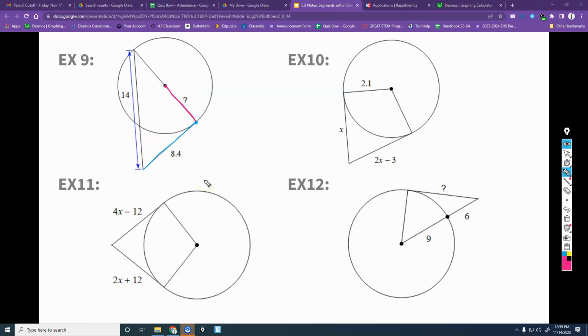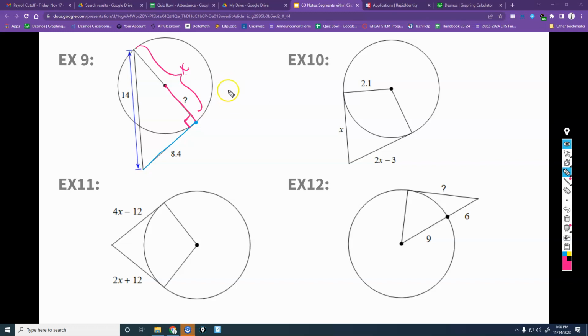That's a radius. So even though it's not marked, we know this is going to be a right angle. So we can't find that radius directly, but we could find the length of this whole side. I'm going to call that x right there. And then we just have to cut it in half to find the radius that it's asking us for. So for this one, David, which one is my hypotenuse? The x, the 8.4, or the 14?